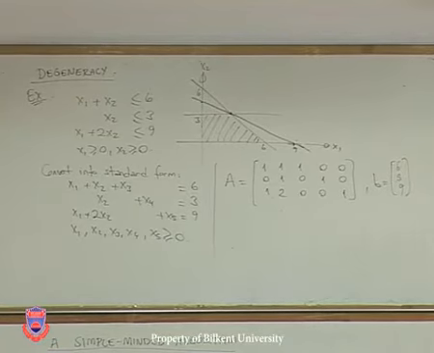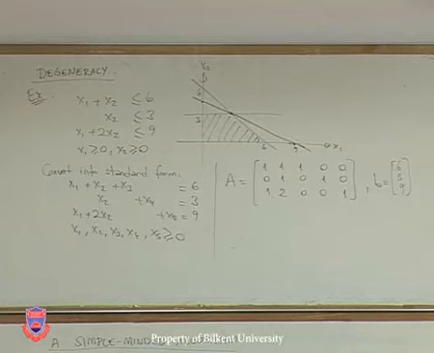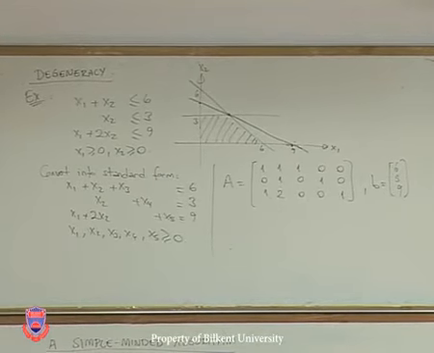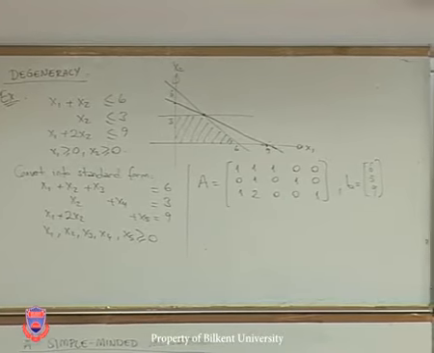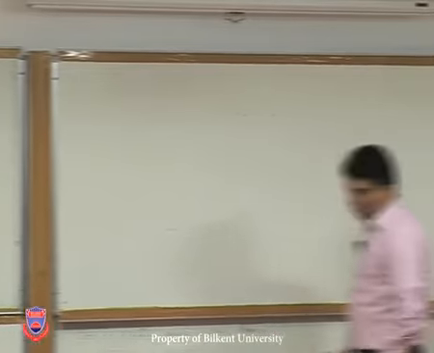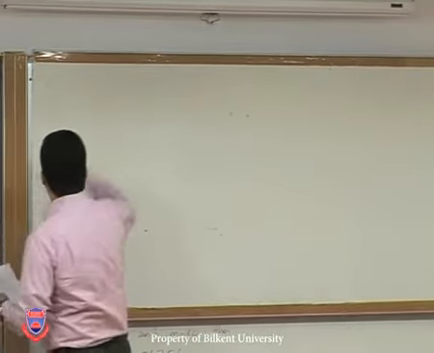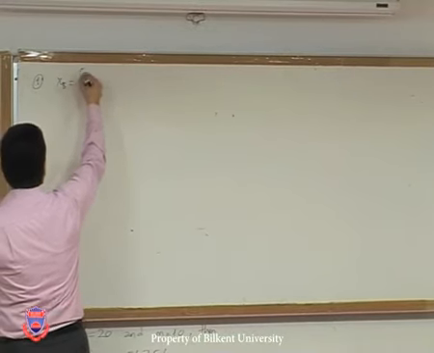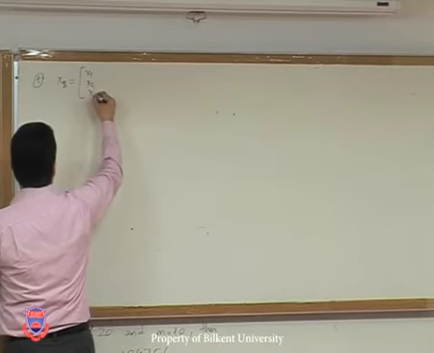Just like we did in the last example, I'm going to try to compute basic feasible solutions for the standard form. So how many basic variables do I need for such a system? 3, because there are 3 equations. So first, I'm going to start with the following. I can set xB to be the first 3 variables.